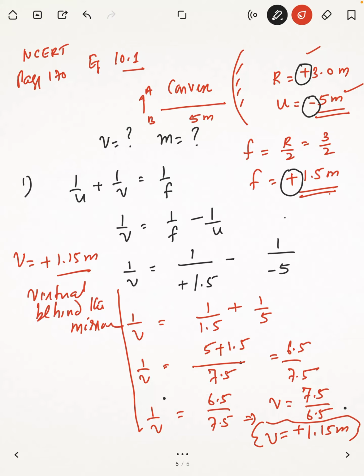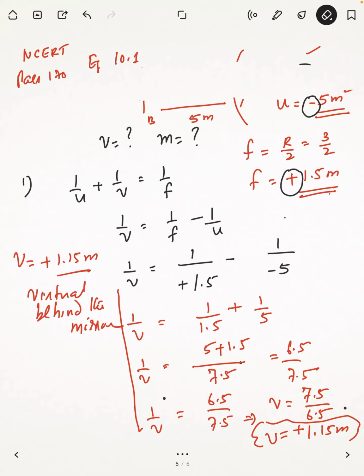For the size we will be using the equation for magnification. So magnification is given by m equal to minus v by u. That equation you have to use.